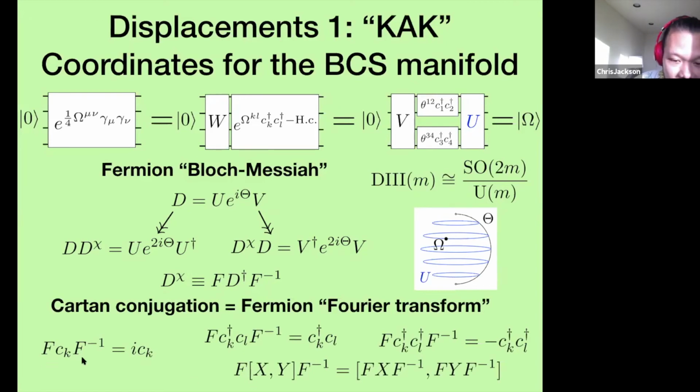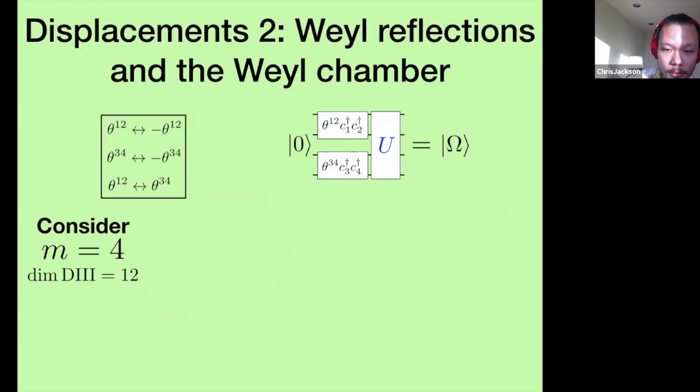It is, in fact, the fermion analog of a Fourier transform, which is defined by imparting an i on the complex amplitude. And all of this is just to break down what makes singular value decomposition so special. All right, so I'm just going to move on.